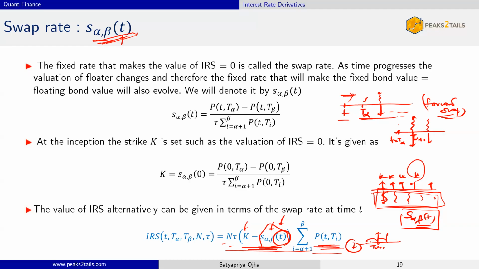Question from Riddle: what happens when fixed and floating flows are in different frequency? Oh, that's a great question. Then I cannot use this formula in this fashion, but I can use them separately. So the discounting factors will not be overlapping, but you can still do it. Say this is a fixed bond, and we have a floating bond here happening at a semi-annual frequency.